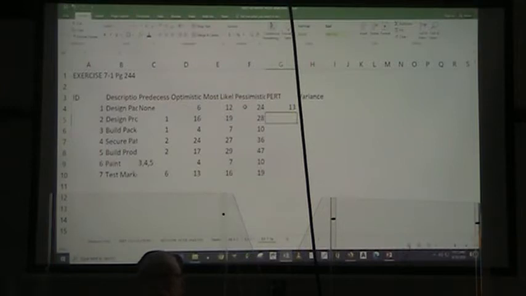That gives us our PERT time, which is a weighted average. All right, and I just pull that formula down, and I have all of our times. Now, how do we calculate variance?